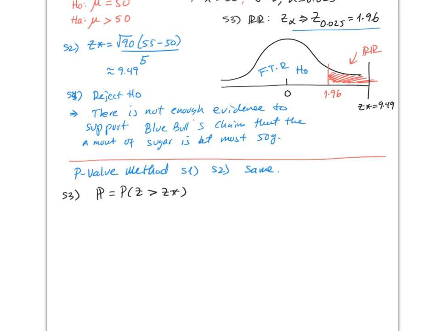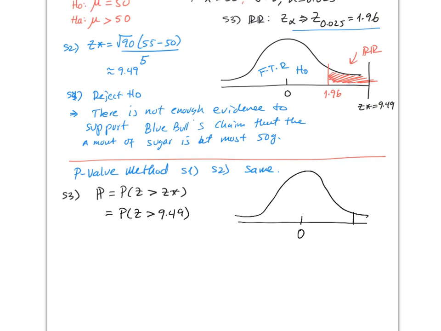The only time you have to be careful is when it's 2 tails. But if it is 1 tail, this is less, this is less. If it's greater, this is greater. Here we have, therefore, the probability that Z is greater than 9.49. Remember, the p-value is technically the green area all the time.